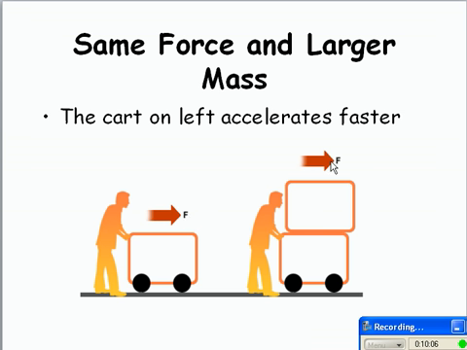The vector is in the same direction and it's the same magnitude, but on the right hand side we've got twice the mass that we have on the left hand side. So all the other things being equal, the cart on the left is going to accelerate faster than the cart on the right, because the cart on the right has a larger mass to accelerate than the cart on the left.